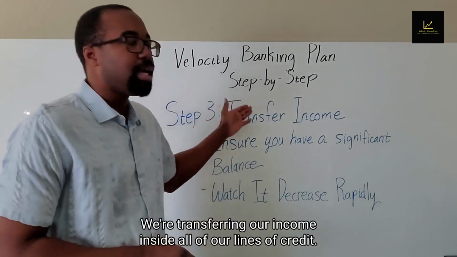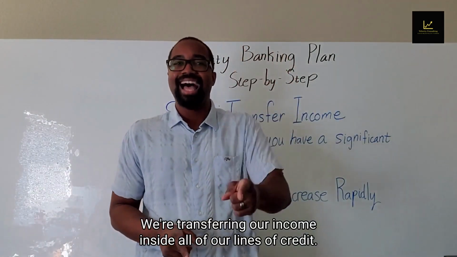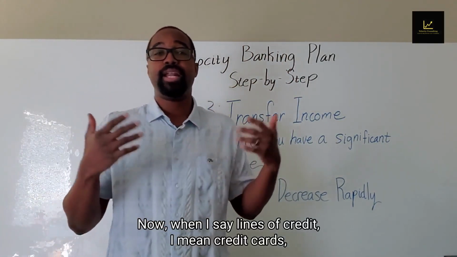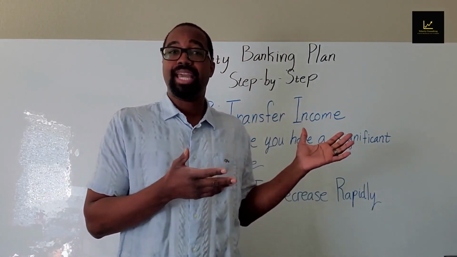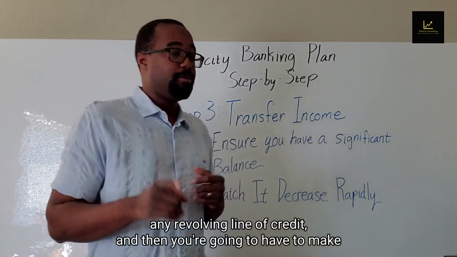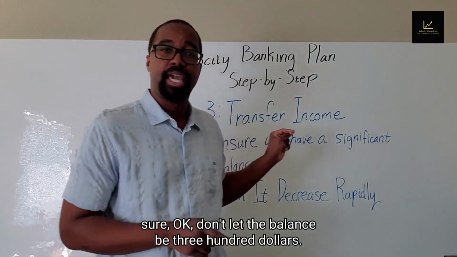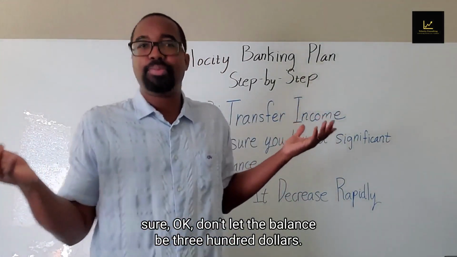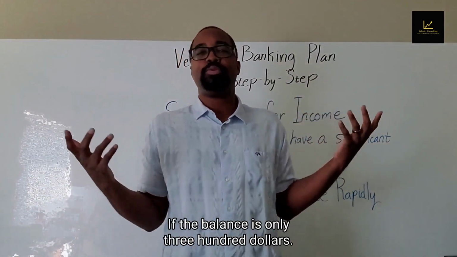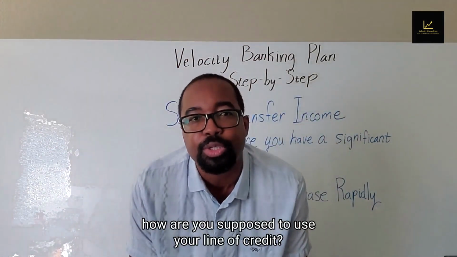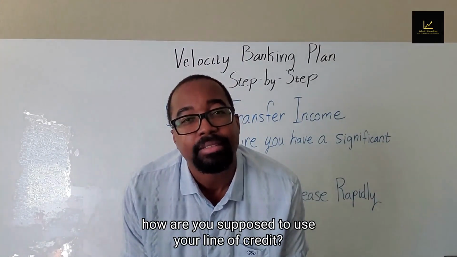We're transferring our income inside of our lines of credit. Now, when I say lines of credit, I mean credit cards, any revolving line of credit. And then you're going to have to make sure, don't let the balance be $300. If the balance is only $300, and you get paid $6,000, how are you supposed to use your line of credit?